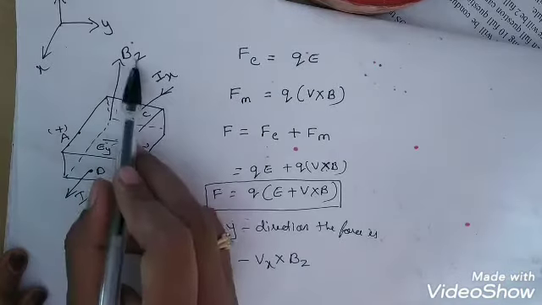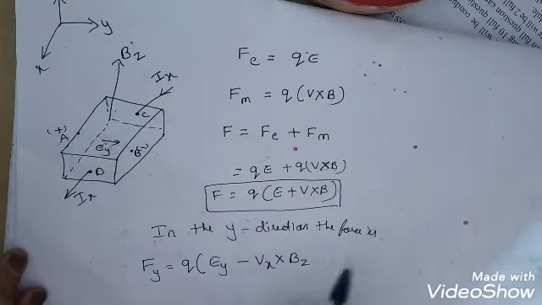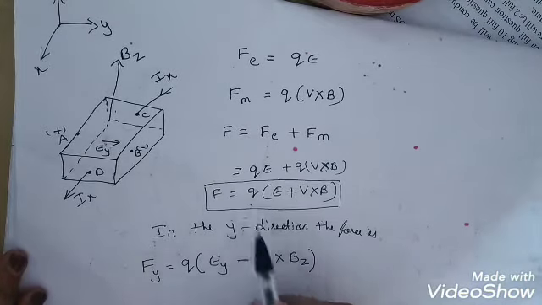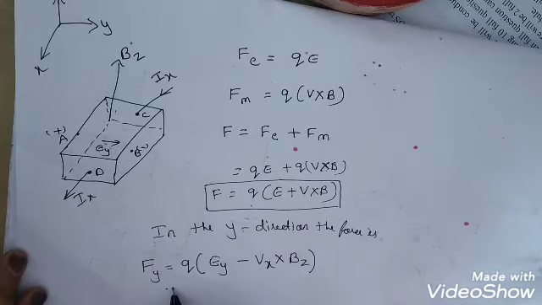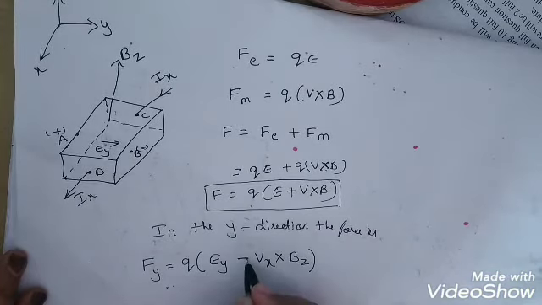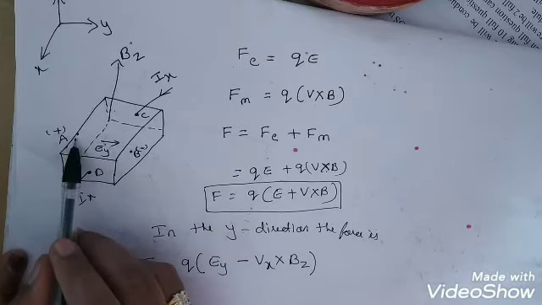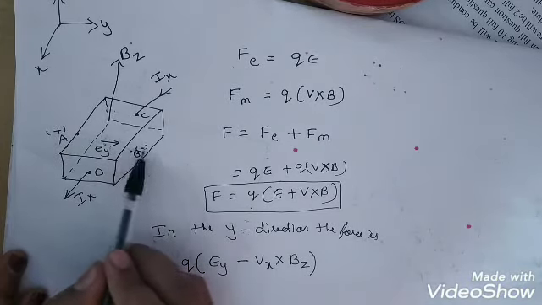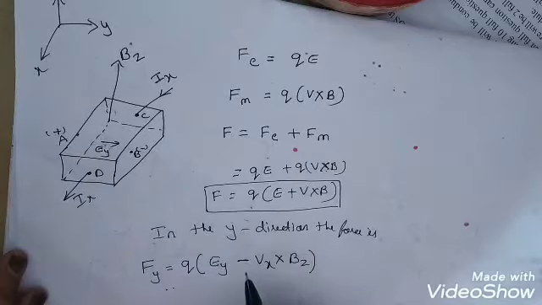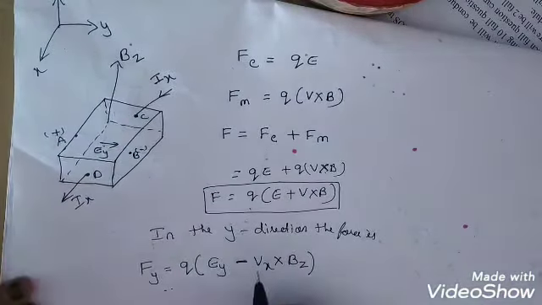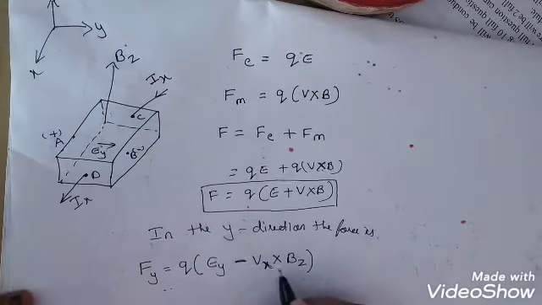So based on this equation we are writing the force in the Y direction. The minus is there because the potential difference goes from positive to negative, so because of the polarity we consider it negative. So Fy = q(Ey - Vx Bz).